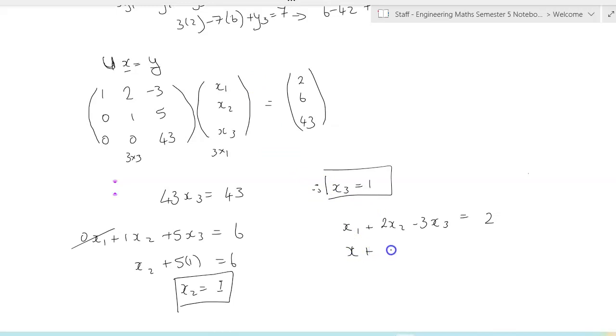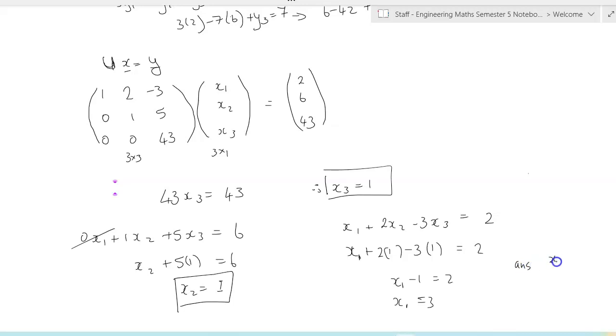The value for x2 is 1, so that's 2 ones. Minus 3 times the value of x3, which is 1, equals 2. So that's x1 minus 1 equals 2. x1 equals 3.